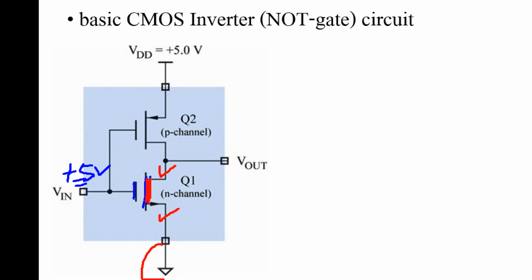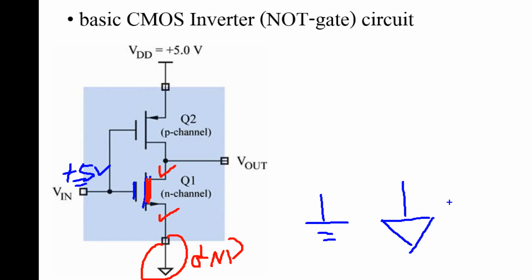And because this terminal connects to ground, this is the ground symbol. Some circuit diagrams use this one, some use this one, or some use this one. All of these are ground.